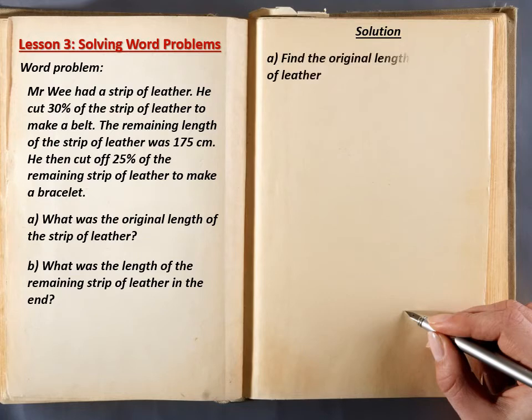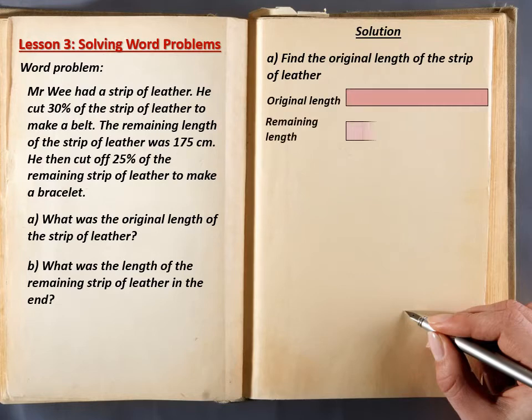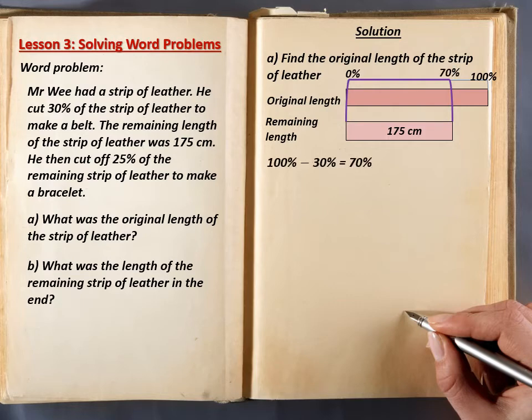Okay, look at the solution. A. Find the original length of the strip of leather. Original length is 100%. Remaining length is 175 centimeters. So we find the original length of the strip of leather at first. If cut 30% to make a belt, it means 70% left. You take 100% minus 30% equals 70%.